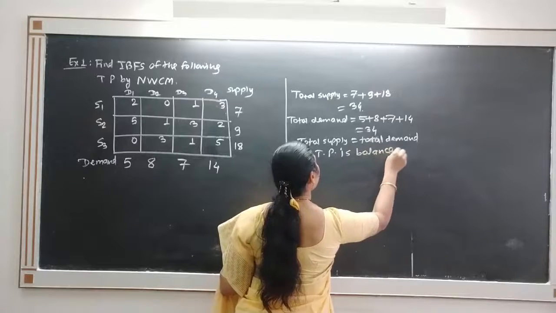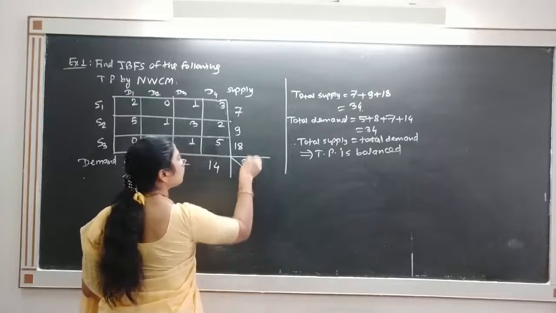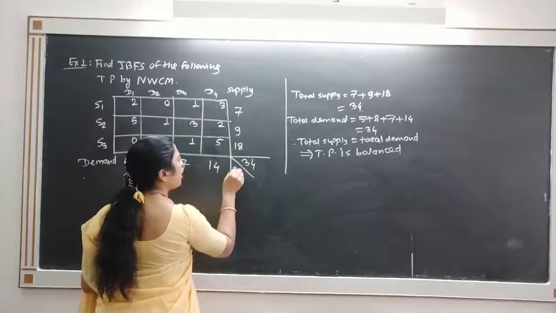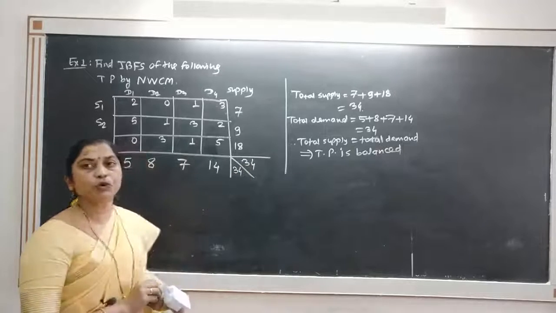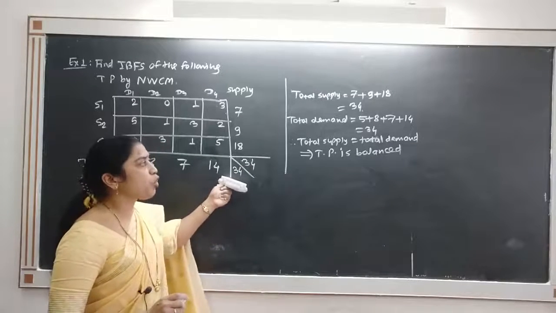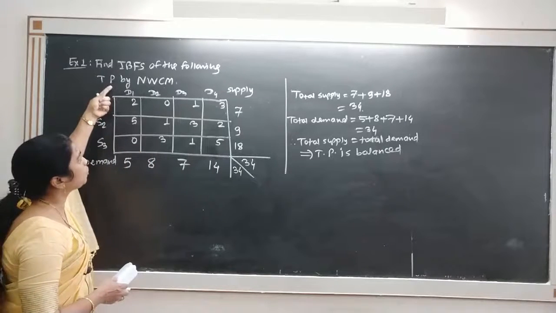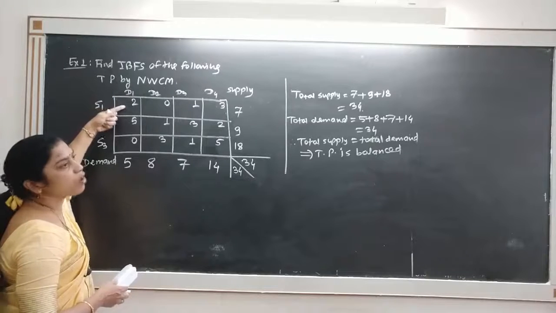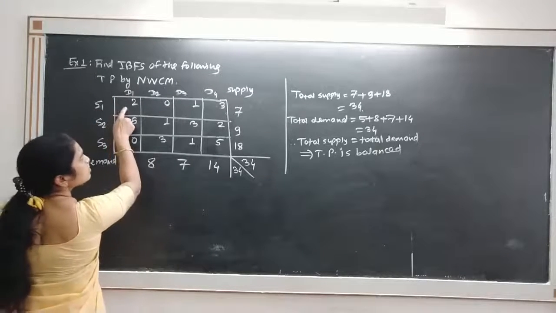Total supply is 34 and total demand is also 34, both are equal, so the transportation problem is a balanced transportation problem. If it is balanced, in northwest corner method, what you have to do? We have to start with the northwest corner, that is the upper left corner, that is the X11 cell.